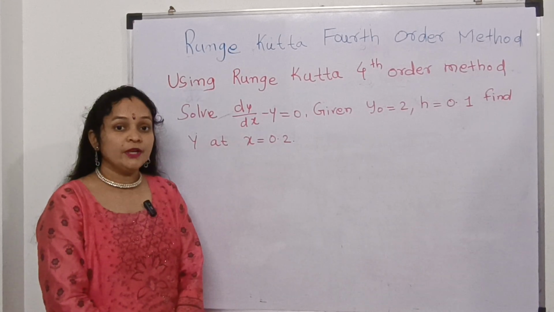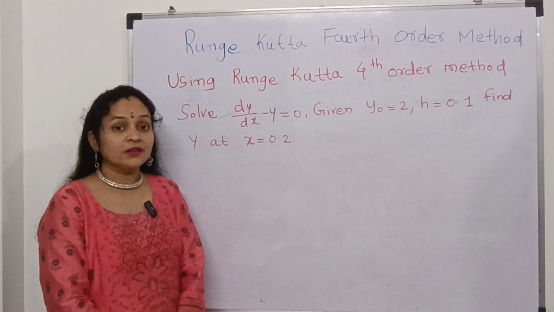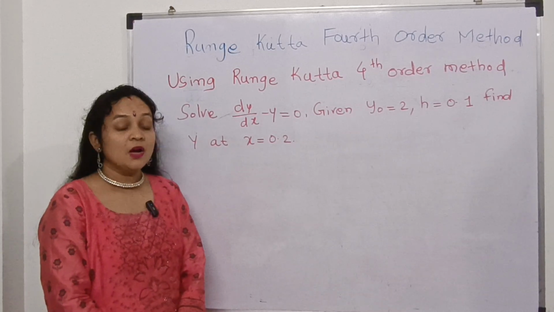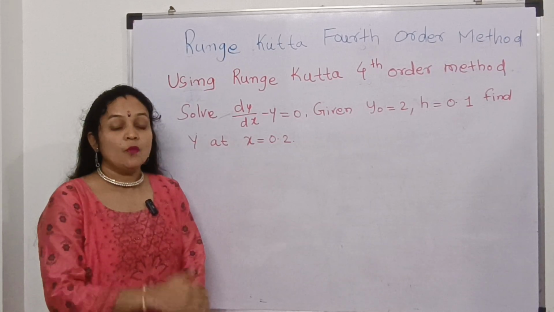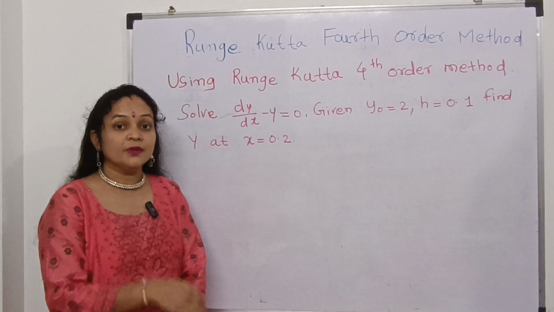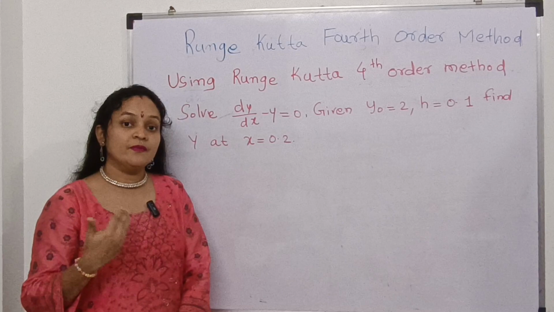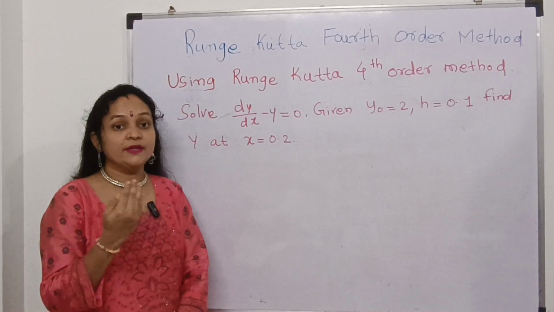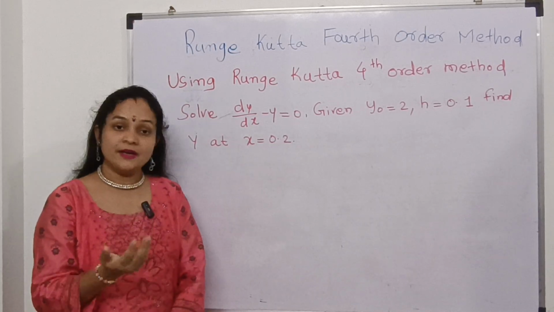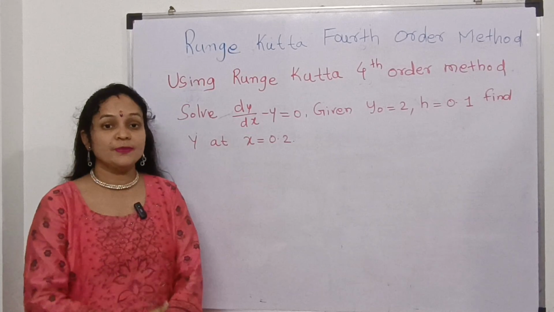It is also useful in the PBR or the continuous stirred tank reactor, where you can see the exact relation of the PXY or TXY curve. So there are different advantages of this particular type of Runge-Kutta method. Again, this is an approximate method.